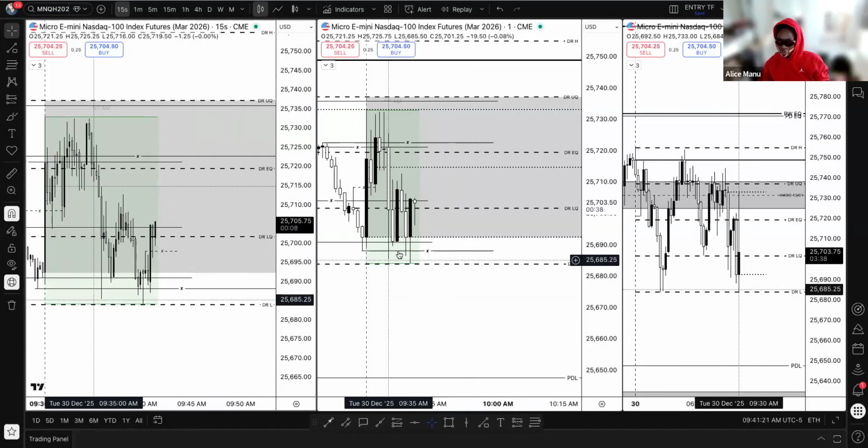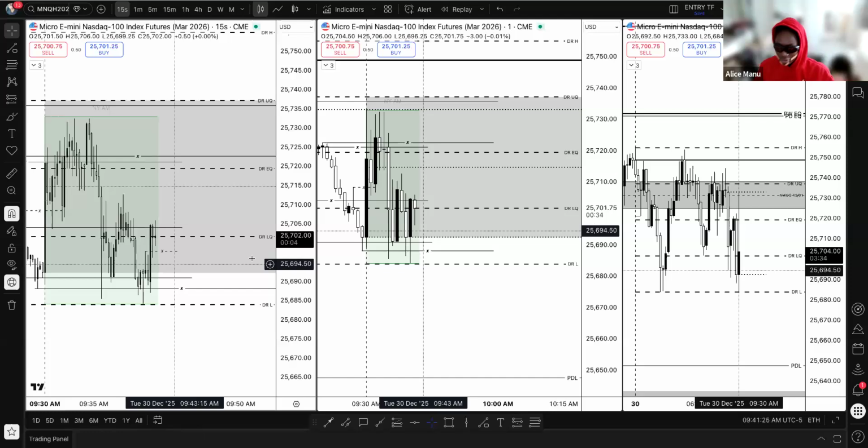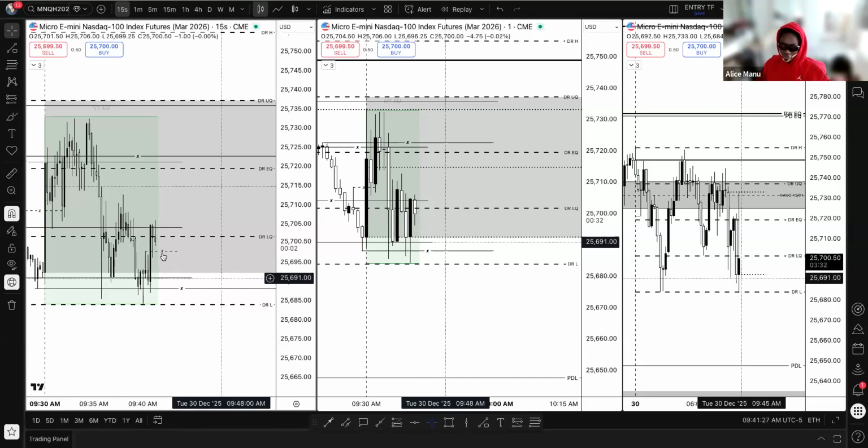We took M1 liquidity at key level. Market structure shift on 15 seconds meets the criteria for an entry on the 15 seconds.